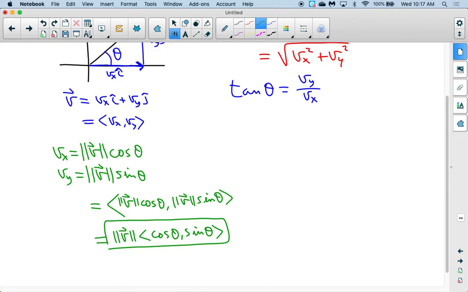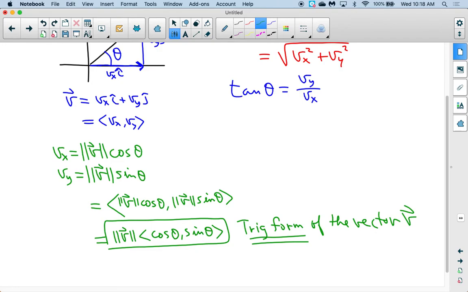I've always looked for it in the book. I don't see a name in the book, but you can call this the trig form of the vector. Trig form of the vector v. How about that? So when we say trig form, that's what we're talking about.